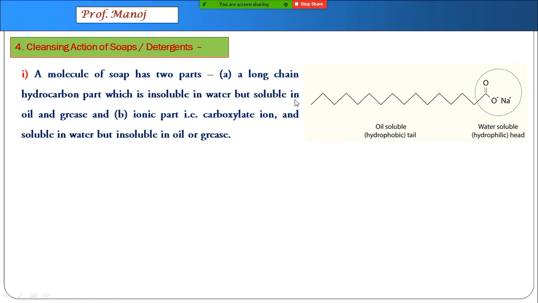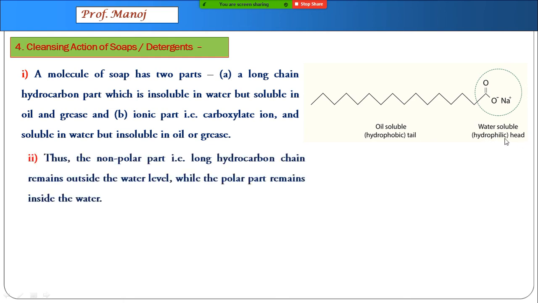So now you can see this long chain is hydrophobic, and this bulky group is hydrophilic. Hatred for water, loving for water. This portion will remain immersed in water, and this portion will remain outside the water. So in water, whenever we add a detergent, the long chain part remains outside and the bulky group remains inside.